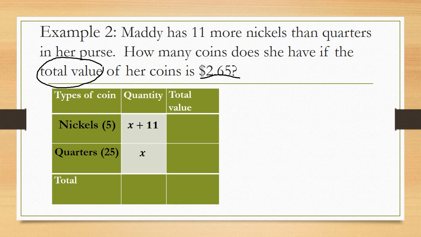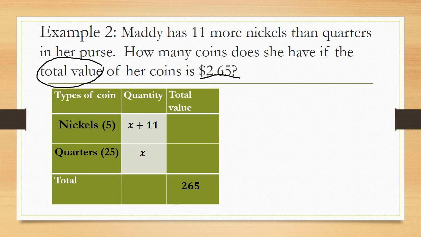So this is the same. The only difference is that now, instead of the total number of coins that I put at the bottom of the total quantity, I need to put $2.65 as the total value of the coins. But since I like to work with cents instead of dollars, I'm going to change $2.65 into 265 cents.